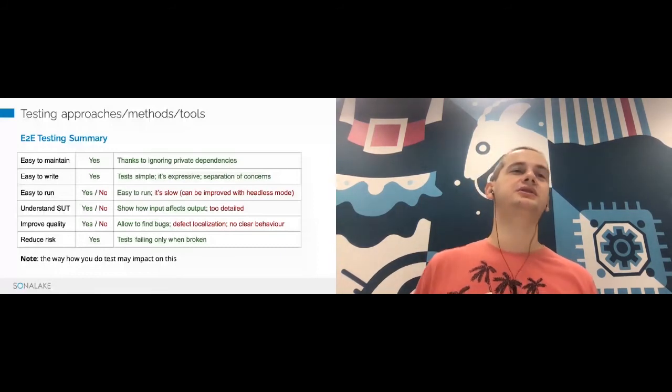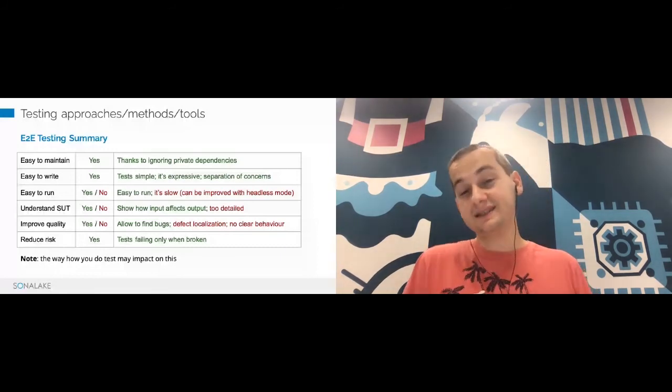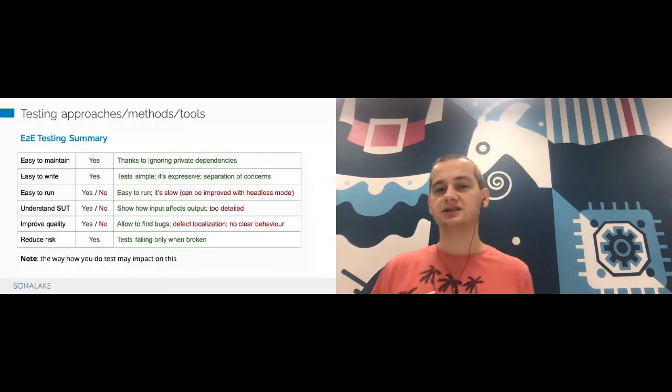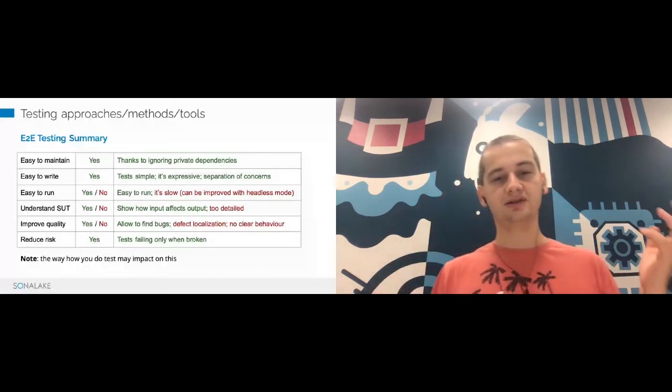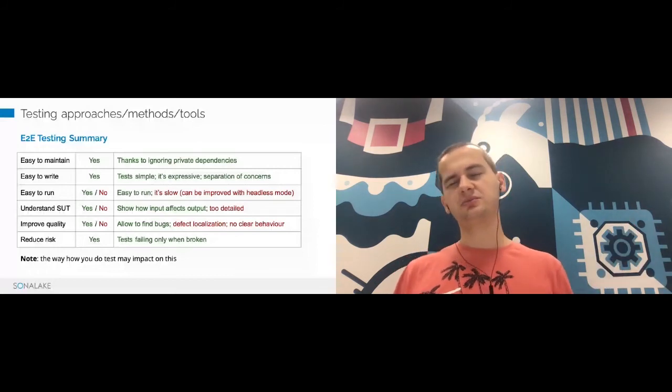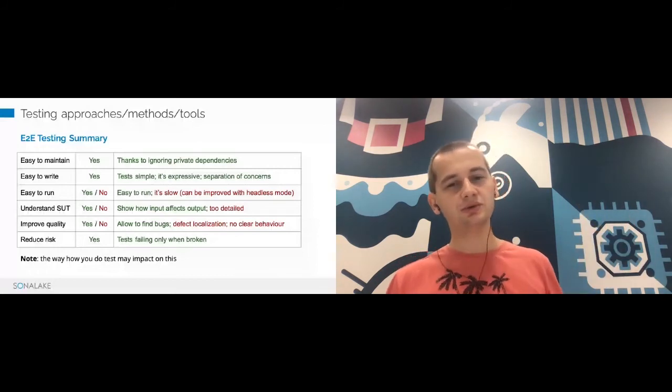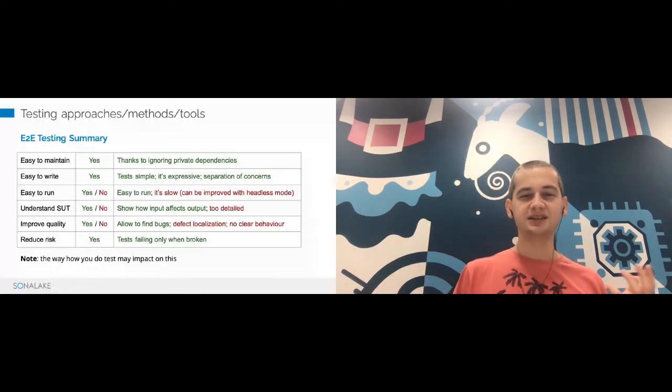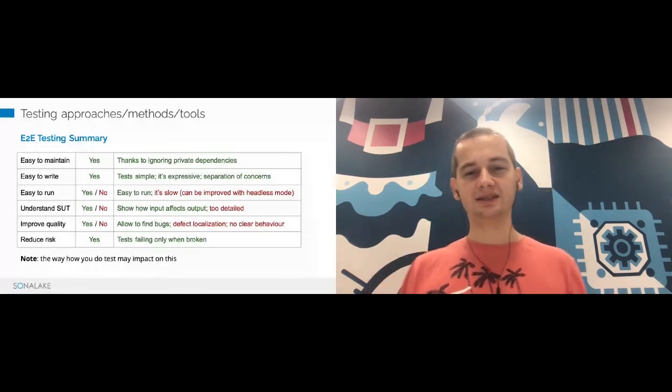However, when we talk about easy to run, well, it is easy to run. However, it's slow because it uses the real browser. But there's a small improvement. You can, for example, use headless mode, which is a little bit faster and better. However, it's still slow.